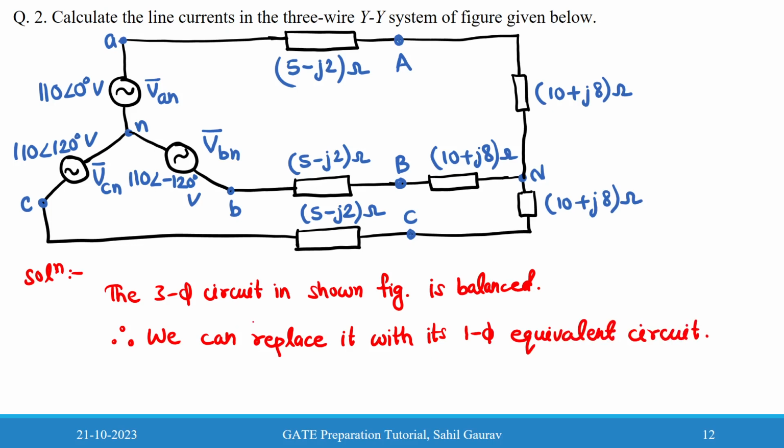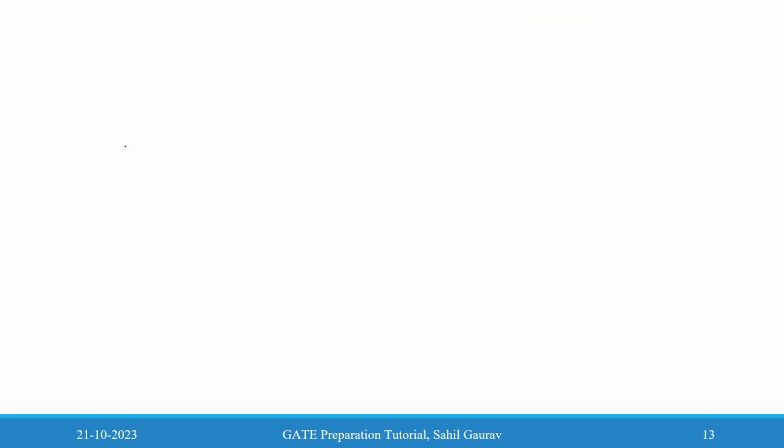Let us take phase A only. Now we are going to make the single phase equivalent circuit for phase A. So it will look like this.